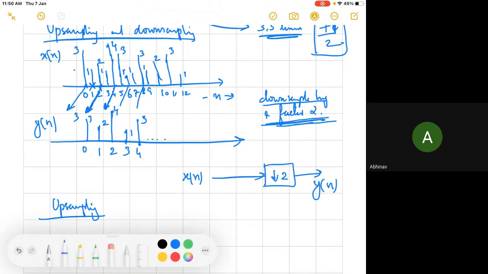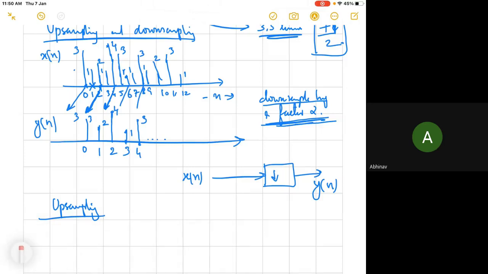Suppose this is a factor of 3, then you take the first value and let us represent it as y1n. So how will y1n be? You take the first value as such. First value in this signal is 3 itself.